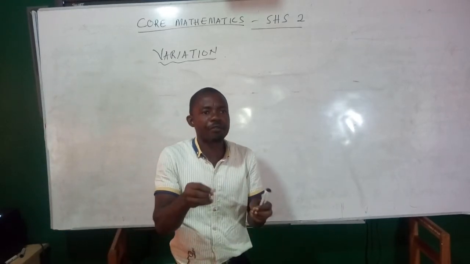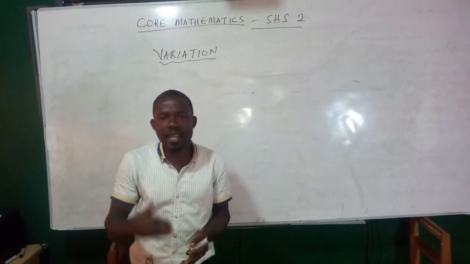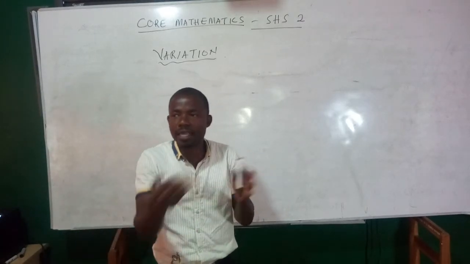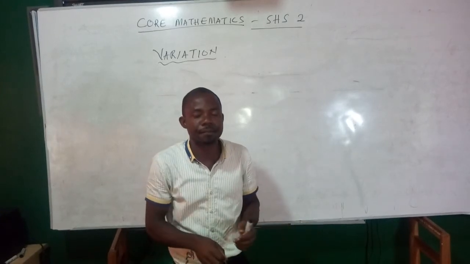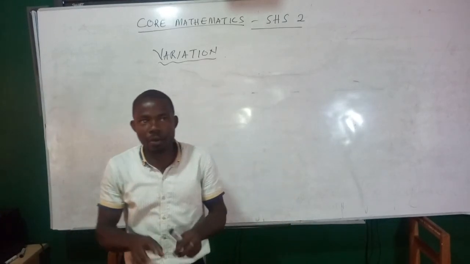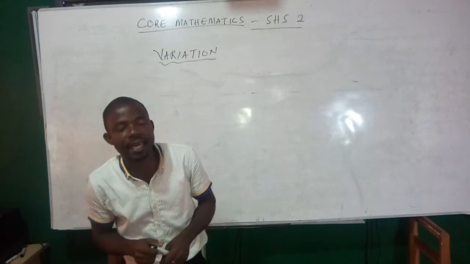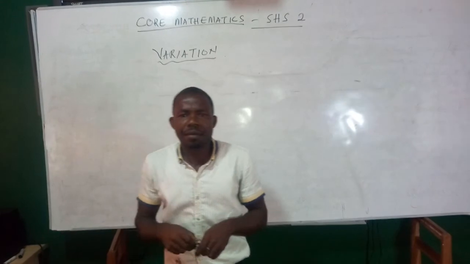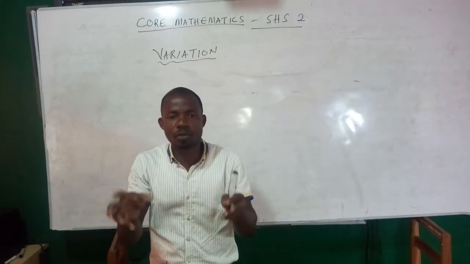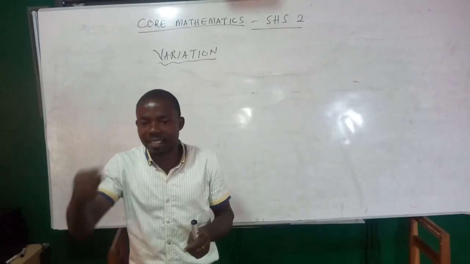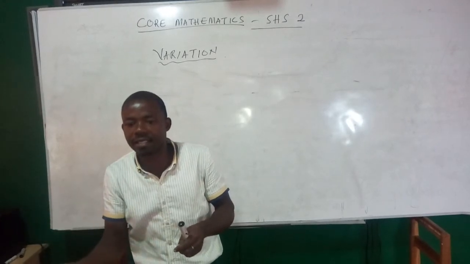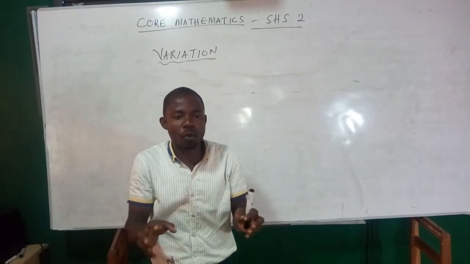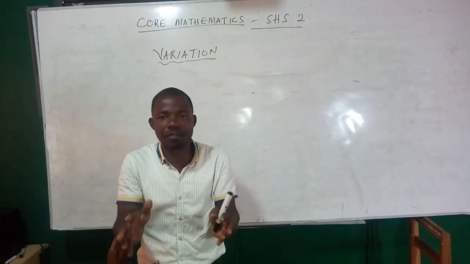Sometimes too, we have a variation in which when there is an increase in one variable, the other variable decreases. When we come to the types, we will look at that. An example of one which increases when the other decreases is when we have more people weeding a piece of land.